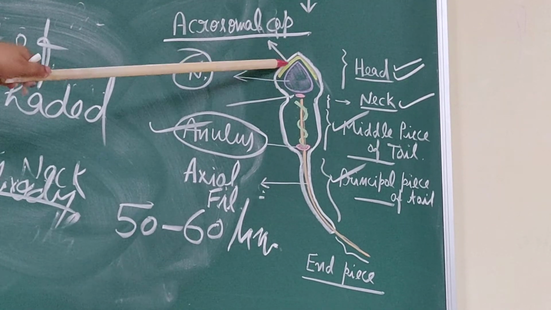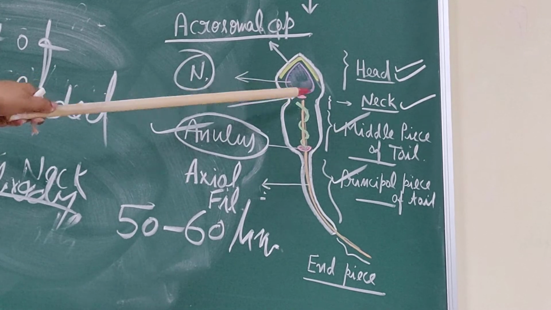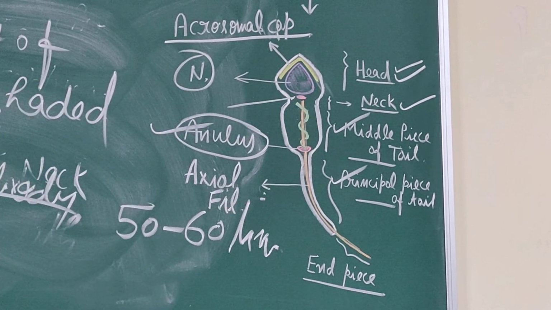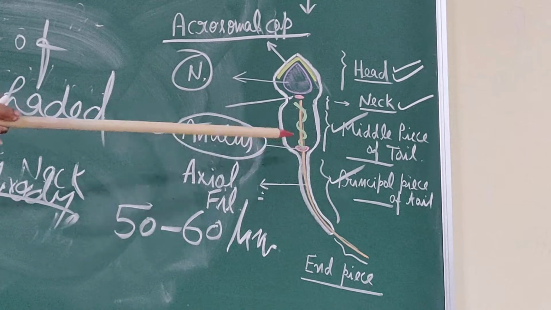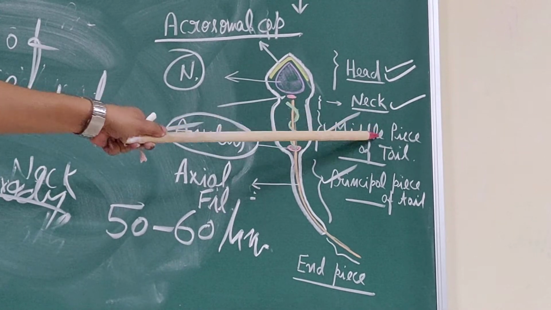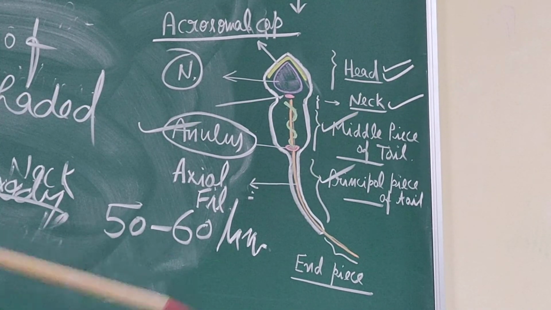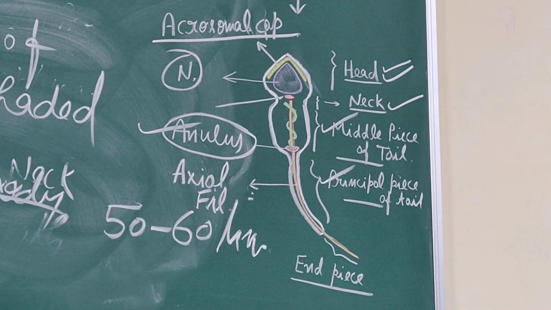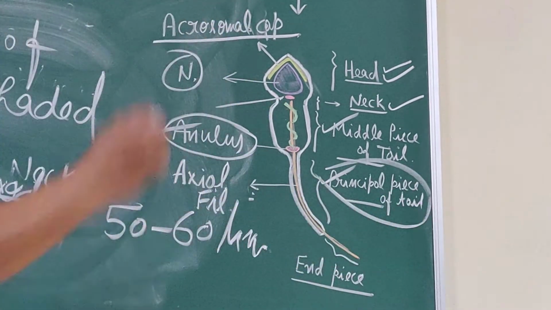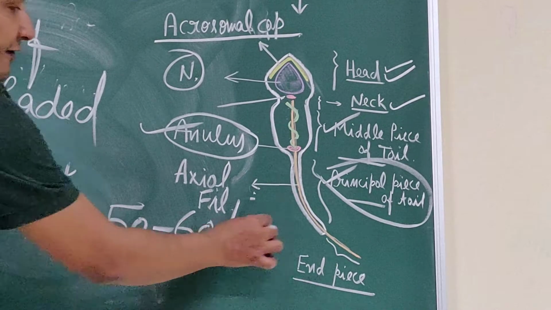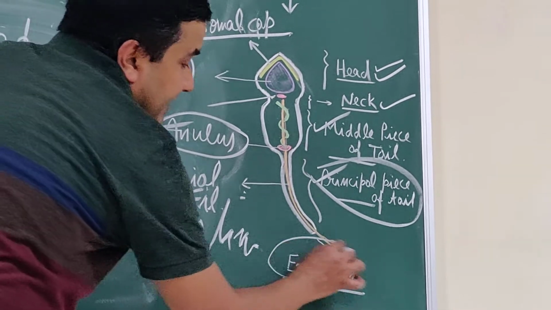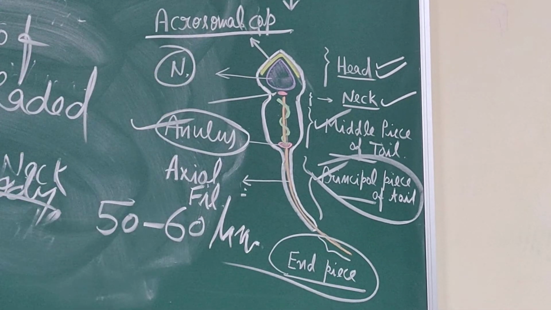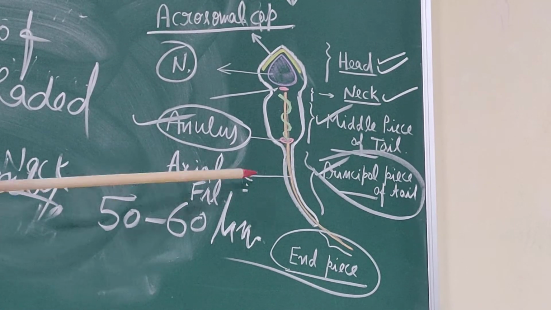So it is the head, neck, body and the tail. In some books, the body is mentioned as the middle piece, while the tail is divided into the principal piece and the terminal part where the fibrous sheath is not present, which is the end piece. So this is the structure of a spermatozoa.